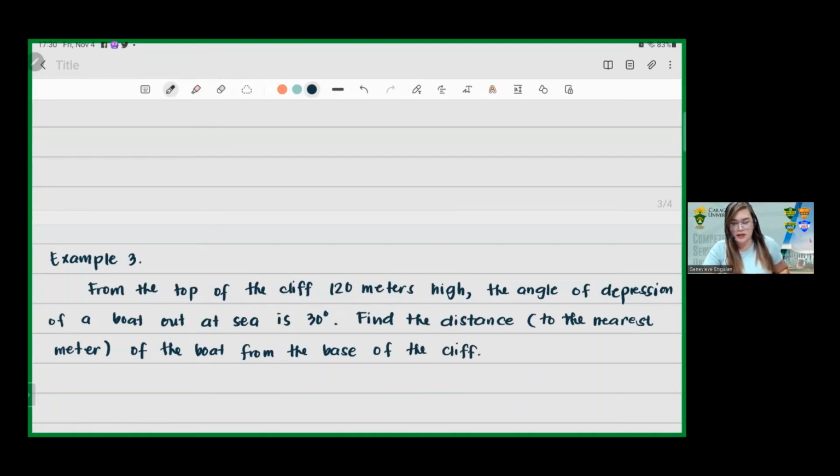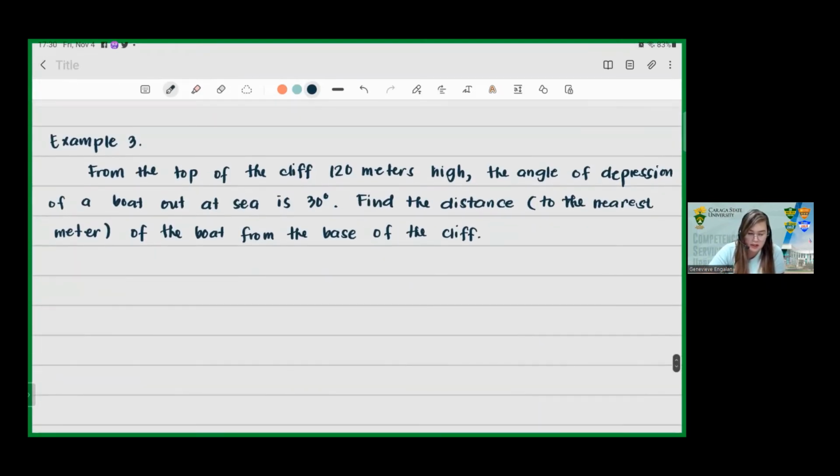Okay, so let's try to picture out unsa iyahang pasabot. So, ingon daw siya, naa daw tay cliff. Ang akong cliff kay straight ra. So, this is 120 meters high daw.